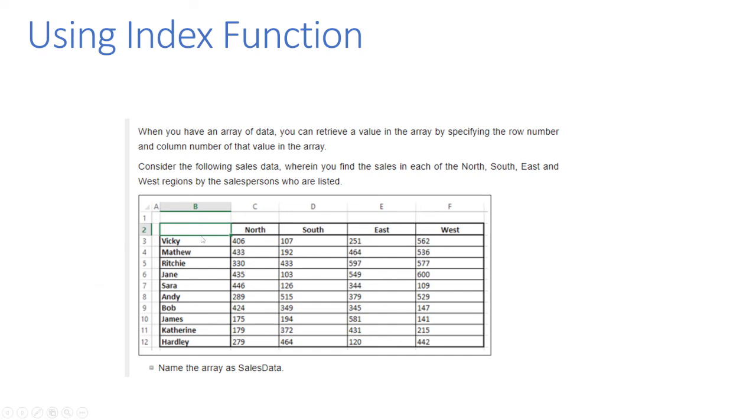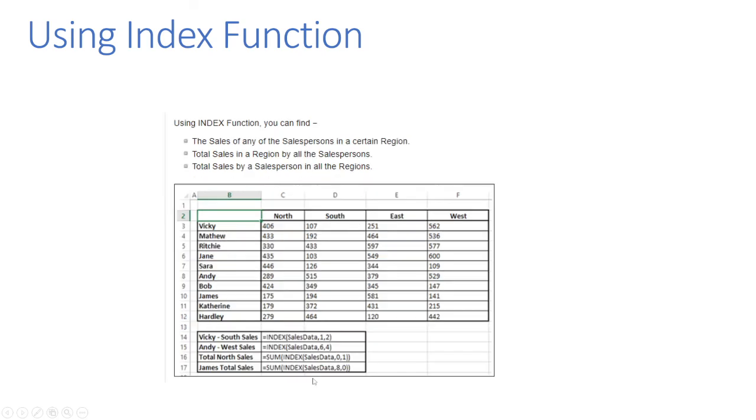So name the array as sales data. Using the INDEX function, you can find the sales of any of the salespersons in a certain region, the total sales in a region by all the salespersons, and the total sales by salesperson in all regions.